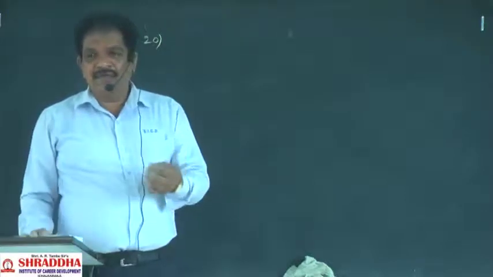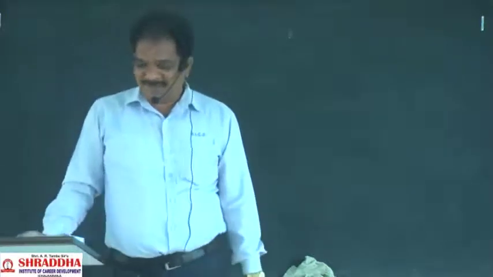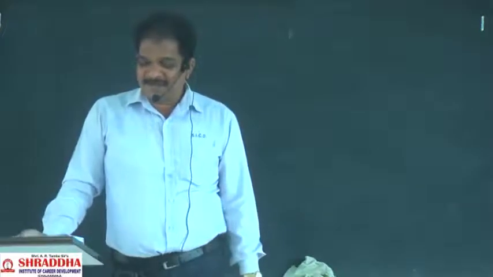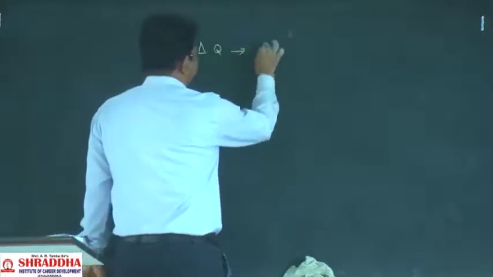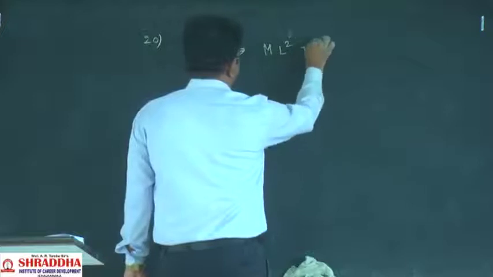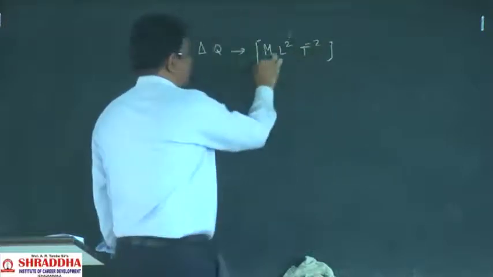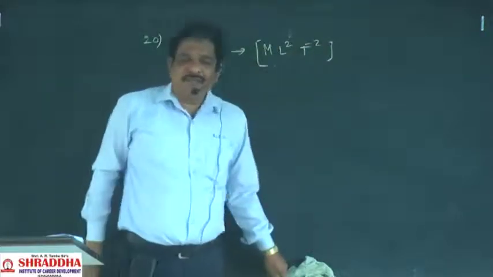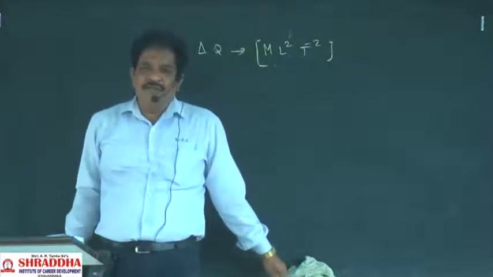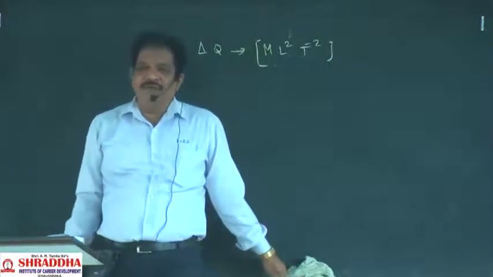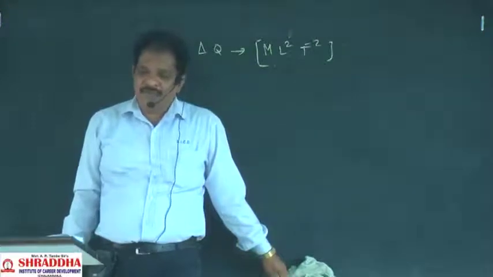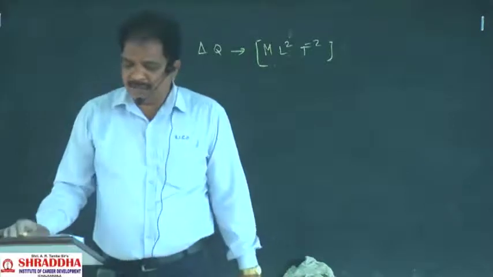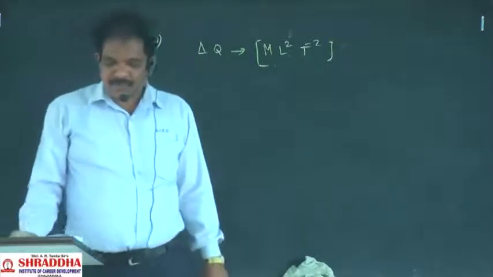Now gradually the depth of the questions is changing, they are increasing. 20, heat energy dimensional formula will be M L square T power minus 2. Heat is a form of energy. Energy dimensional formula and heat dimensional formula will be same only, that is M L square T power minus 2.